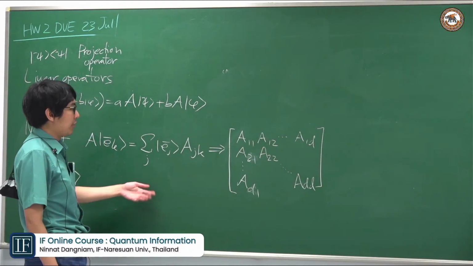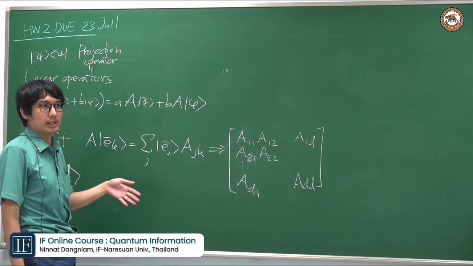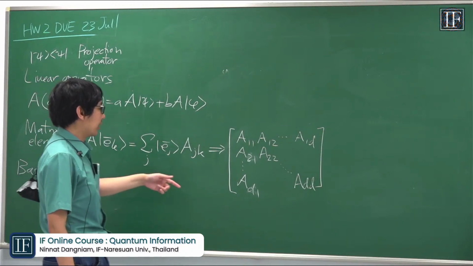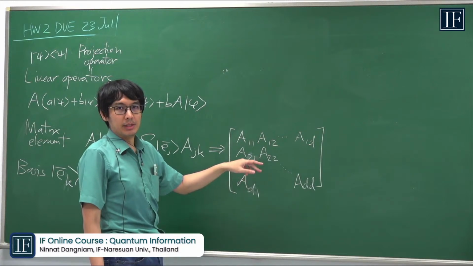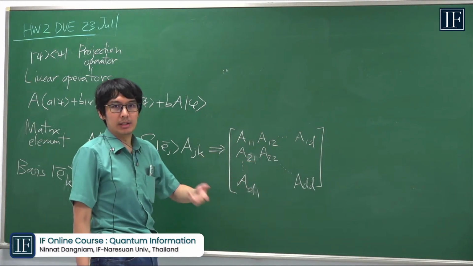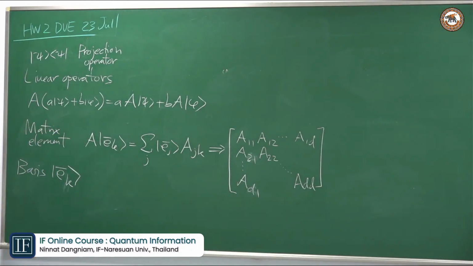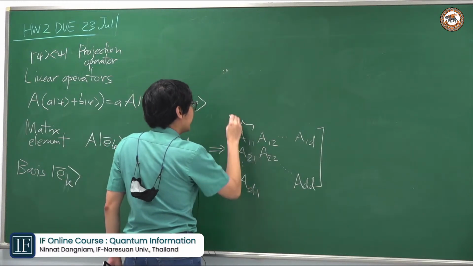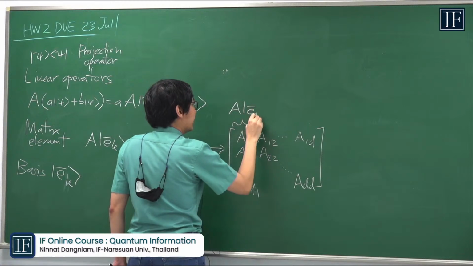I find this way sort of convenient to remember: each column of the matrix is just the output when a basis vector is the input. For example, this is A of E1.